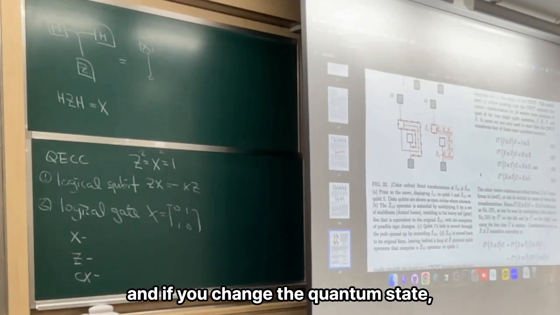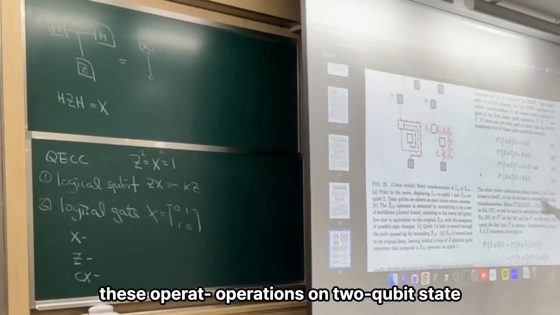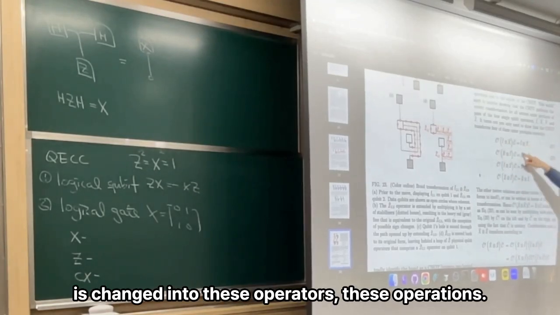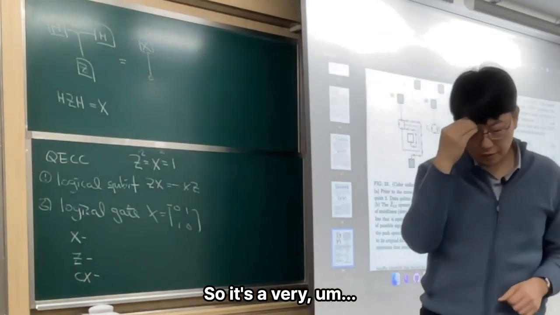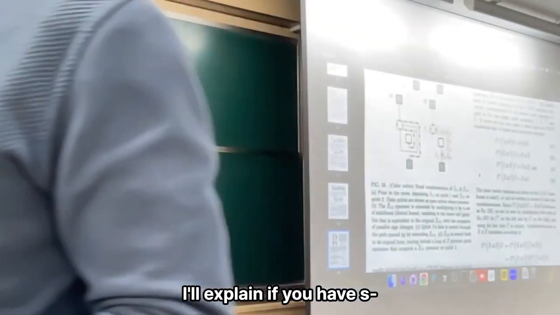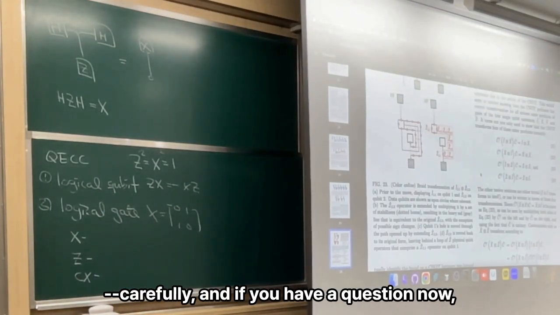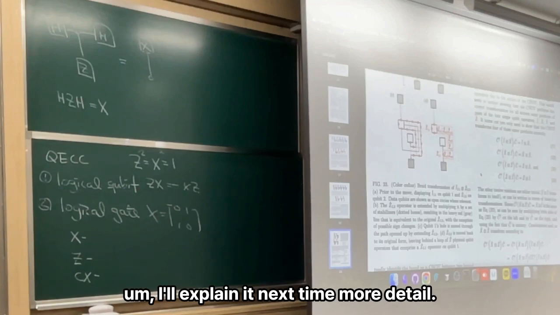If you change the two-qubit state with a CNOT gate, these operations on the two-qubit state are changed into these operations. So think about this carefully, and if you have a question, I'll make a question and I'll explain it in more detail next time.